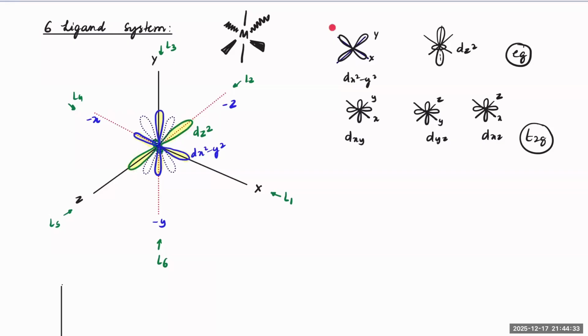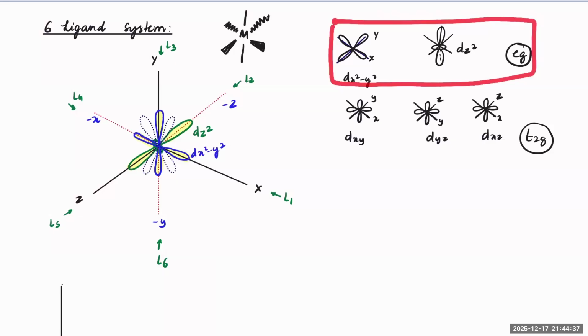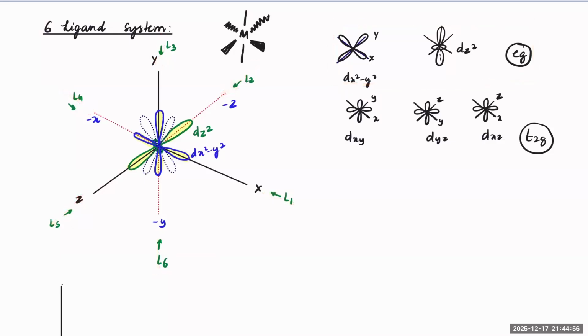So we can say that these two orbitals, which are along the internuclear axis or along the Cartesian coordinates, will be subject to maximum repulsions from all the ligands, isn't it? Because they are oriented along that, so there is a head-on repulsion.